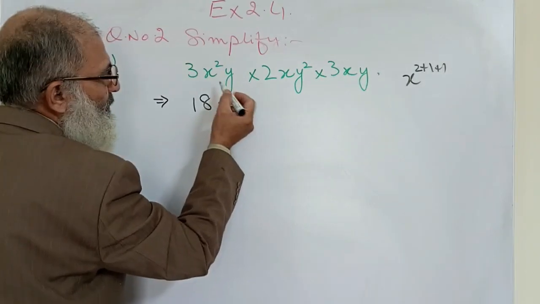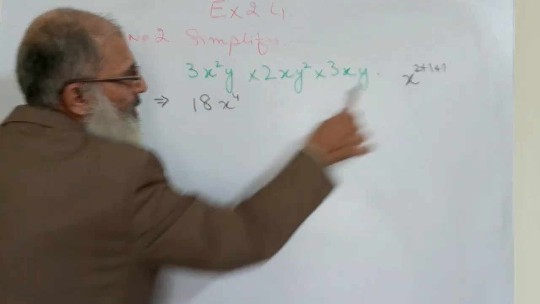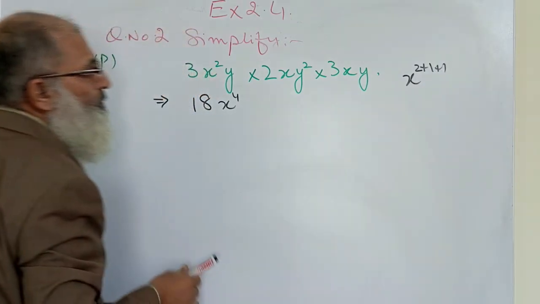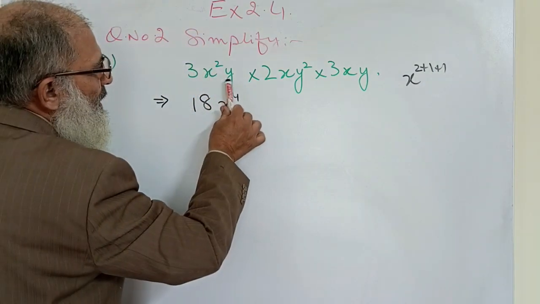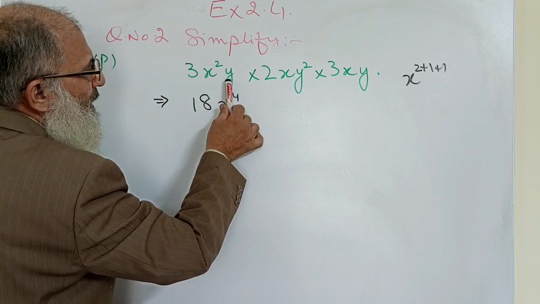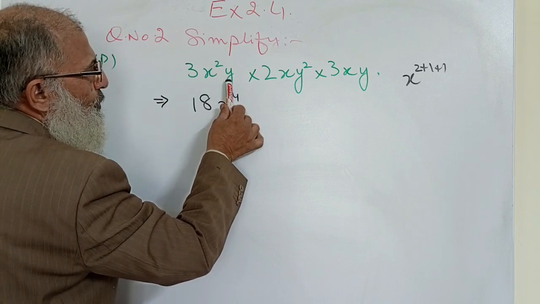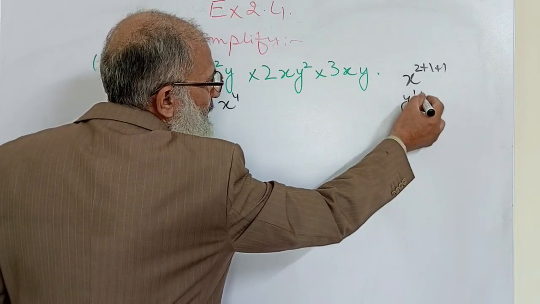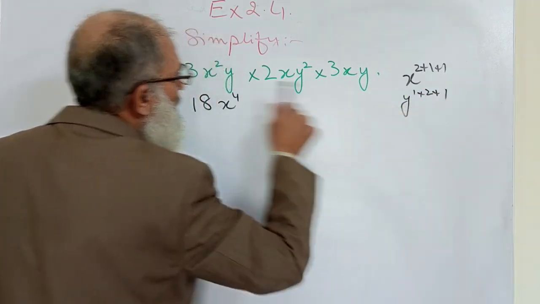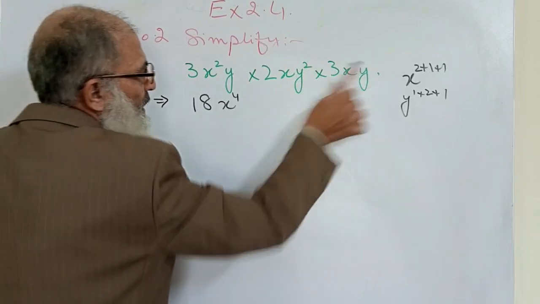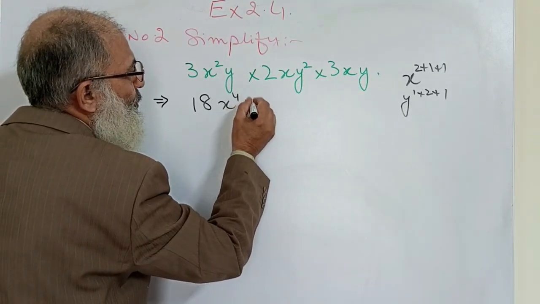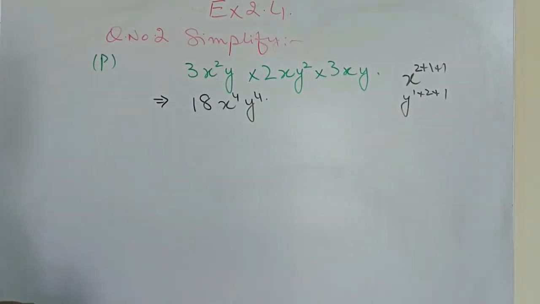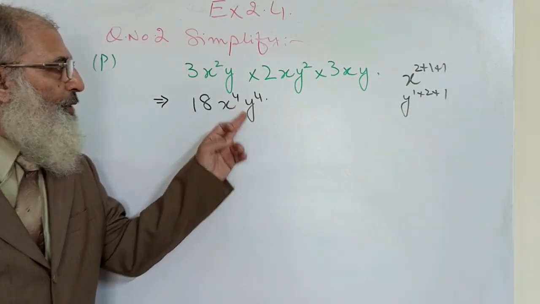So it will become 4: 2 plus 1 is 3, 3 plus 1 is 4. Similarly, y over here is also 4, because it is 1 plus 2 plus 1, so it is again 4. The answer is 18 x to the power 4 y to the power 4.